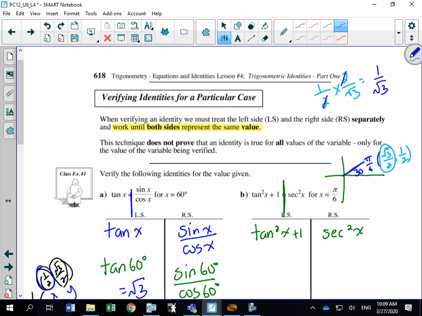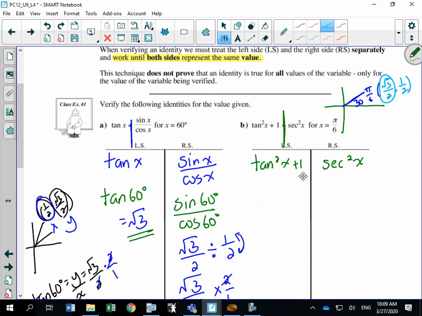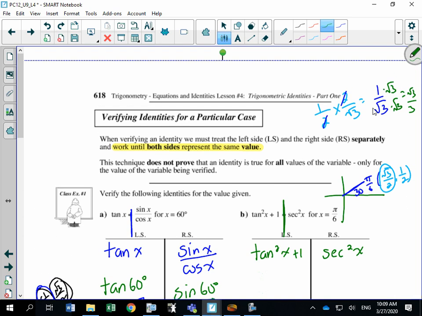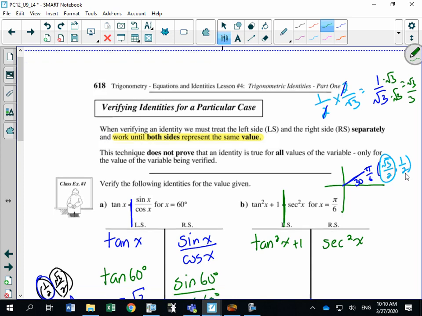And then if I was to rationalize this, I'm going to multiply top and bottom by root 3. So the tan of pi over 6 is root 3 over 3, right? And if you have your unit circle, that first quadrant memorized, it should be root 3 over 3.